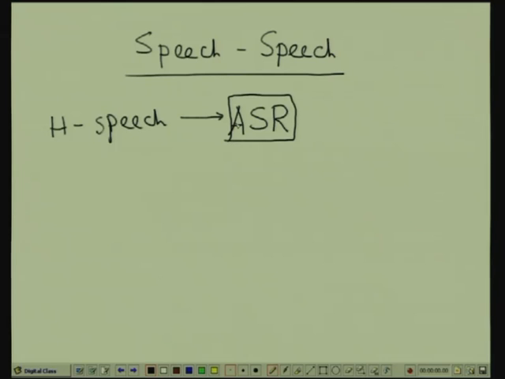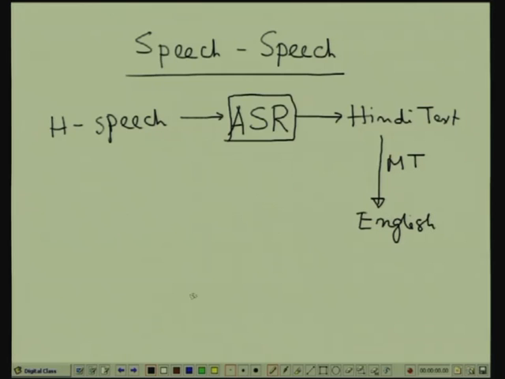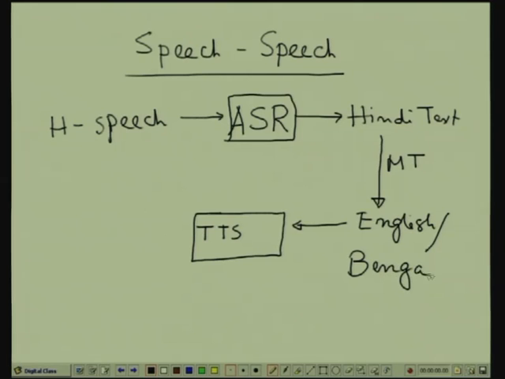Say here I accept some Hindi speech, all right, and that Hindi speech is recognized by an automatic speech recognizer, ASR, and from there I get Hindi text, and that Hindi text can be translated by some machine translation to English, and then using some text to speech system, TTS, English or maybe other Indian languages like say Bengali, there is a text to speech system, TTS stands for text to speech, that will speak out this English or the Bengali sentence to another person.